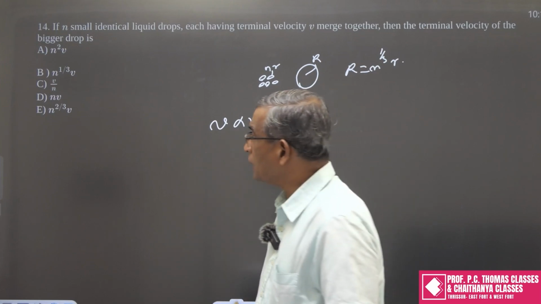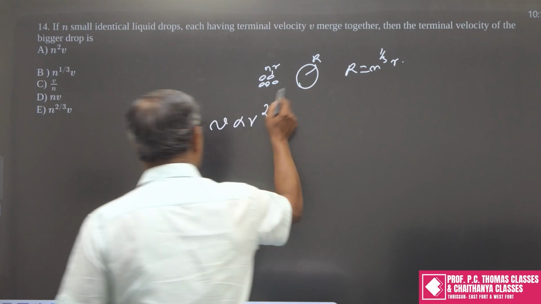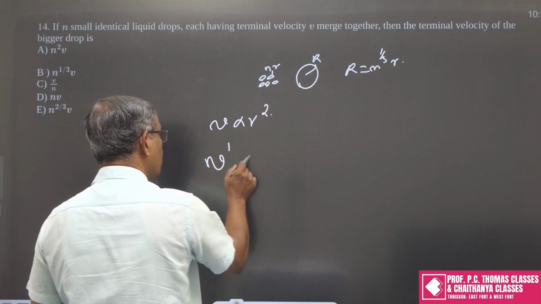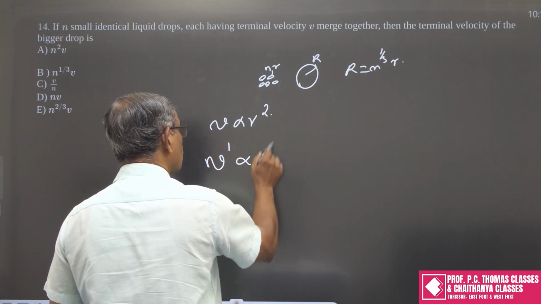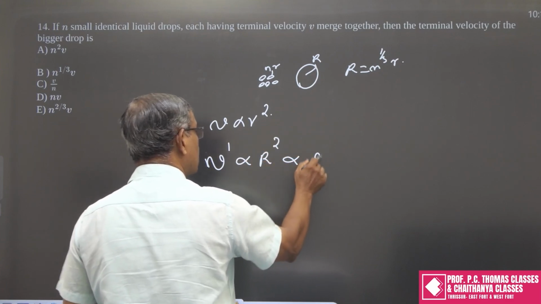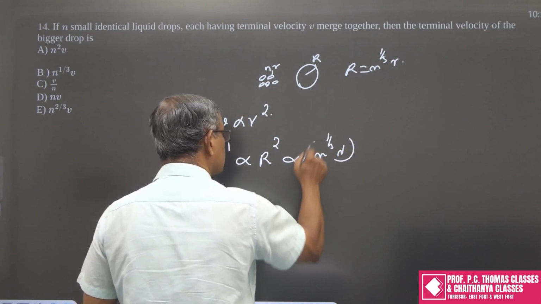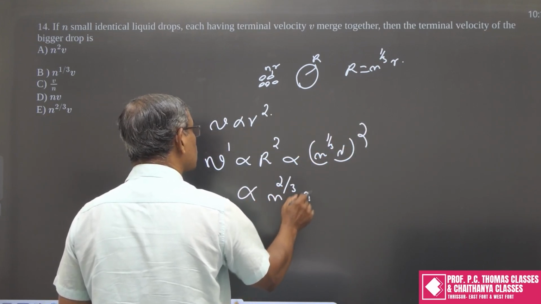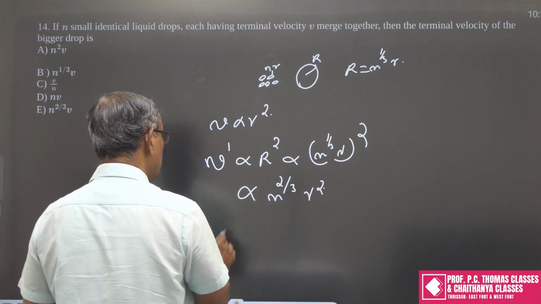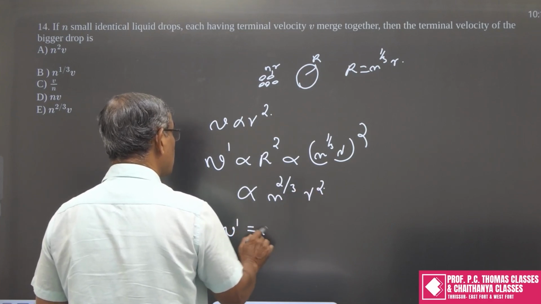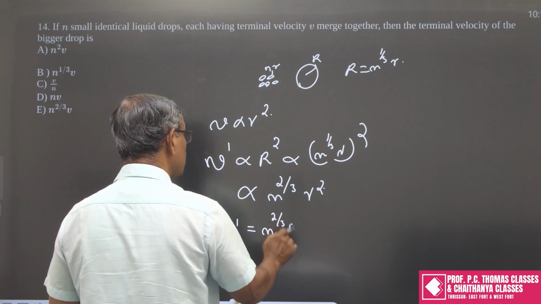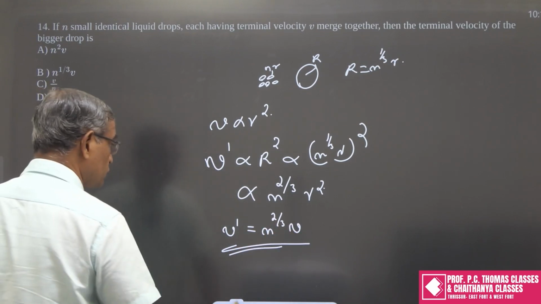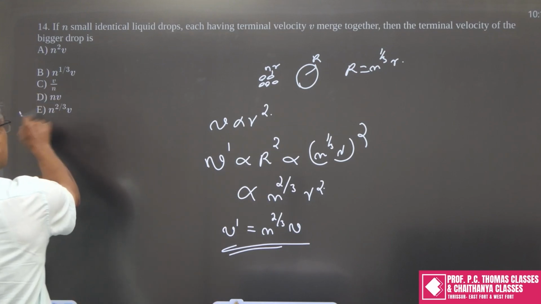Then when n drops combine, the terminal velocity v dash is proportional to R squared, that is proportional to (n raised to 1 by 3 times small r) whole squared, that is proportional to n raised to 2 by 3 r squared. Dividing, v dash is equal to n raised to 2 by 3 times v. So we get the answer.